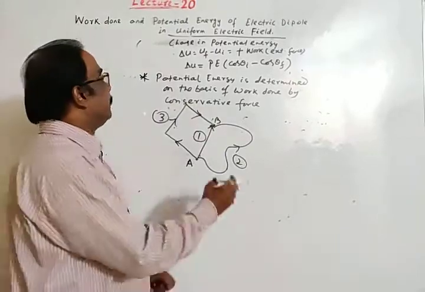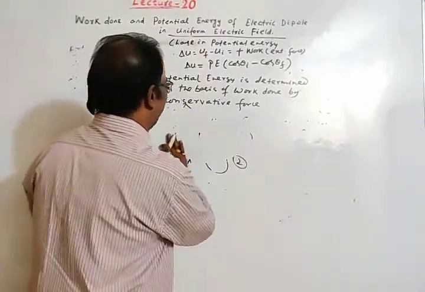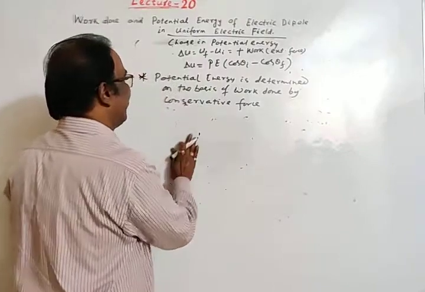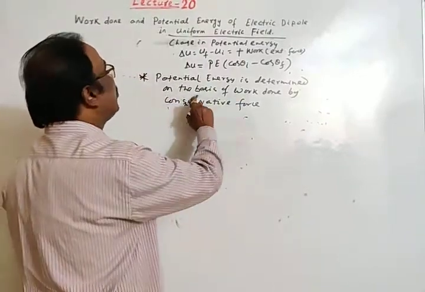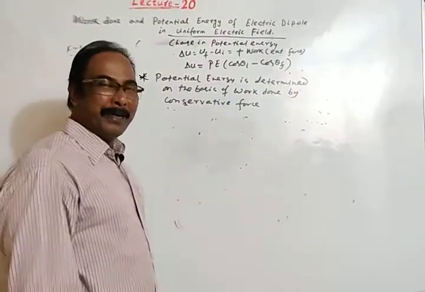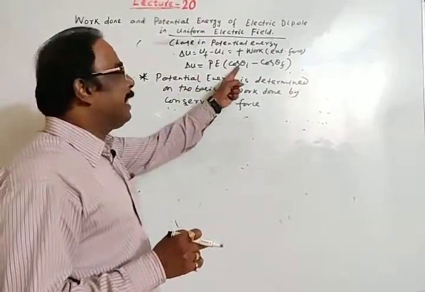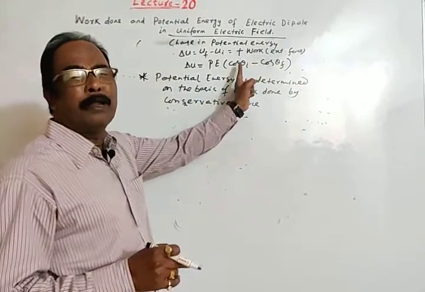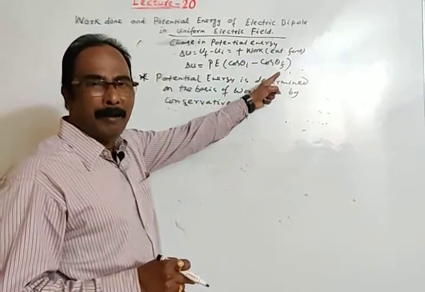Okay. So potential energy is determined on the basis of work done by conservative force. Okay. So this is potential energy between any 2 orientation, theta initial and theta final.